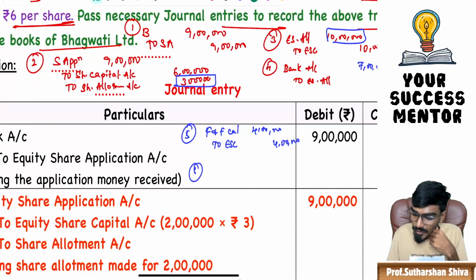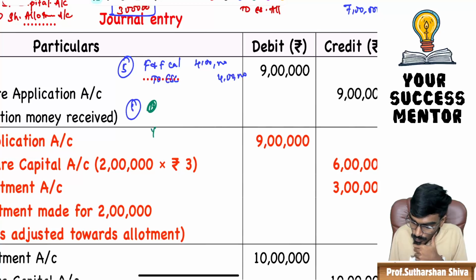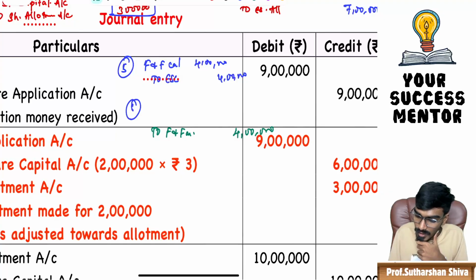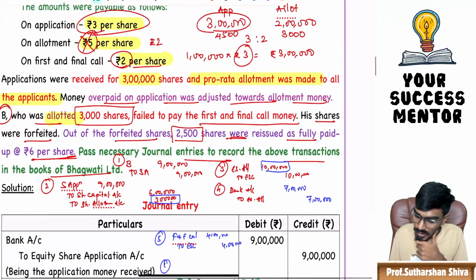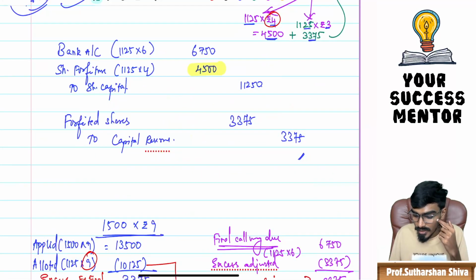What is the sixth entry we should pass? Bank to first and final call is the first and foremost thing we'll write. With respect to what value will we write? 4 lakhs. And what is given in the question? They clearly say those who were allotted 3,000 shares failed to pay. How much has been allotted? 3,000.